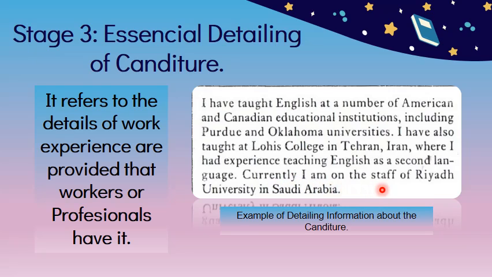Currently, I am on the staff at Ryan University in Saudi Arabia. So this person has had experience working in American and Canadian educational institutions apart from Lovis College in Ireland. And right now, or currently, he works at a university in Saudi Arabia.